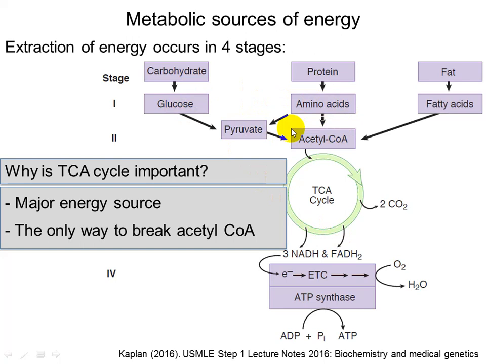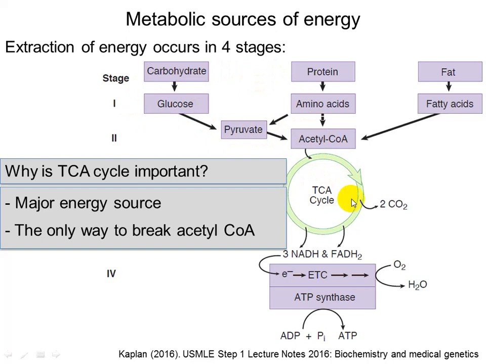Second, several metabolic pathways exist to break down small building blocks, but there's only one way to break down acetyl-CoA. That's through the TCA cycle. We can imagine what will happen if TCA cycle is blocked.